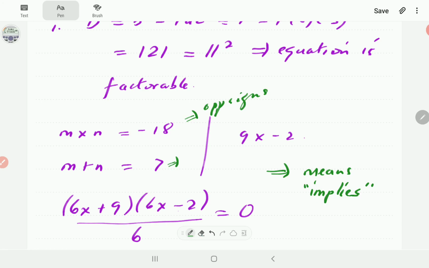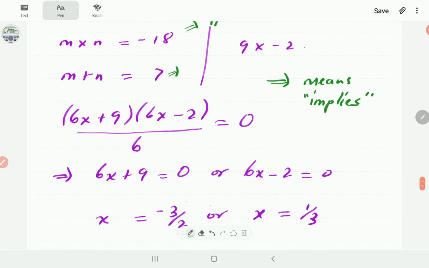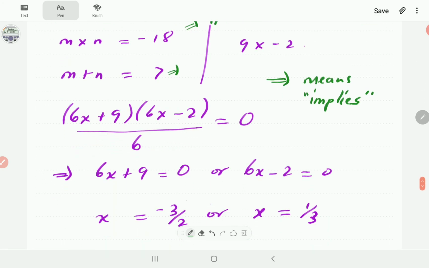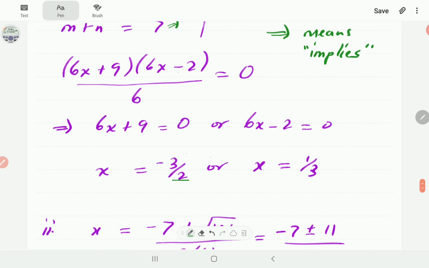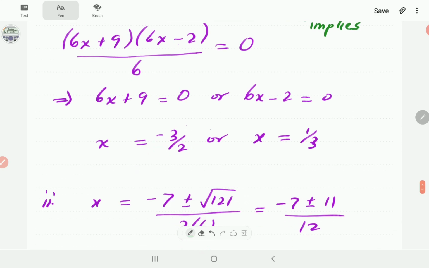Like the fact that this is a square number here implies that the equation is factorable. So we factorize here and equate the two factors to 0, and so we get that the answer is either negative 3 over 2 or 1 over 3.